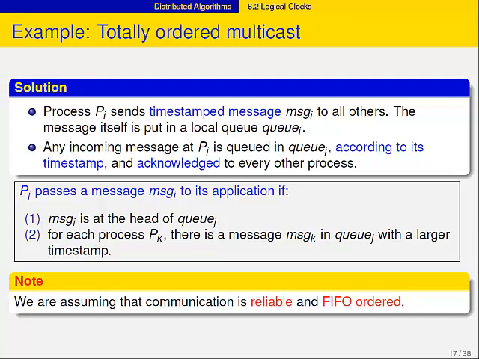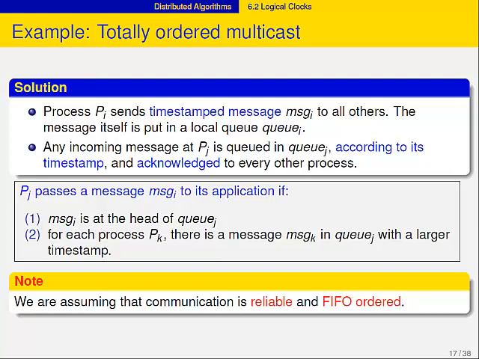No. I said something else. I said I cannot remove the message from the head of the queue and pass it on to the application if I did not receive a message from every other process. Why are we waiting?